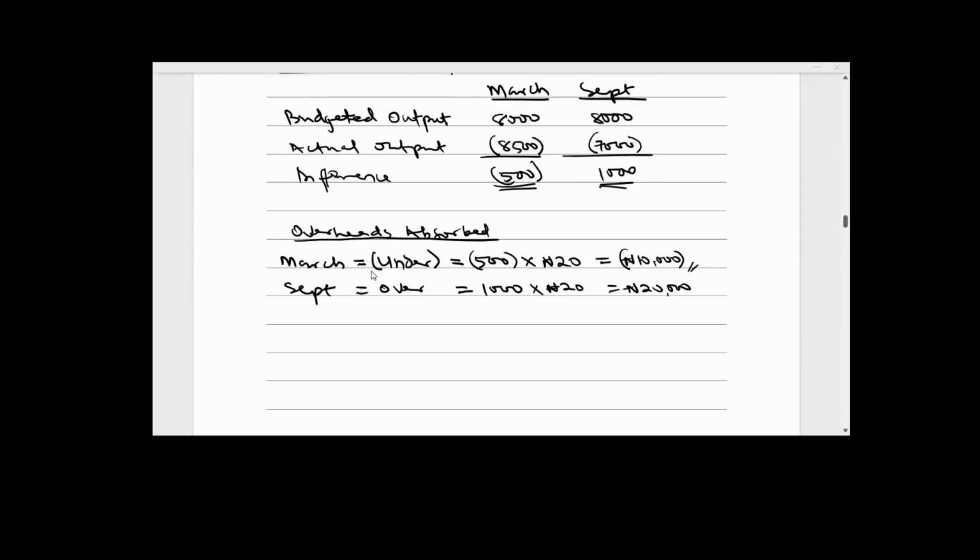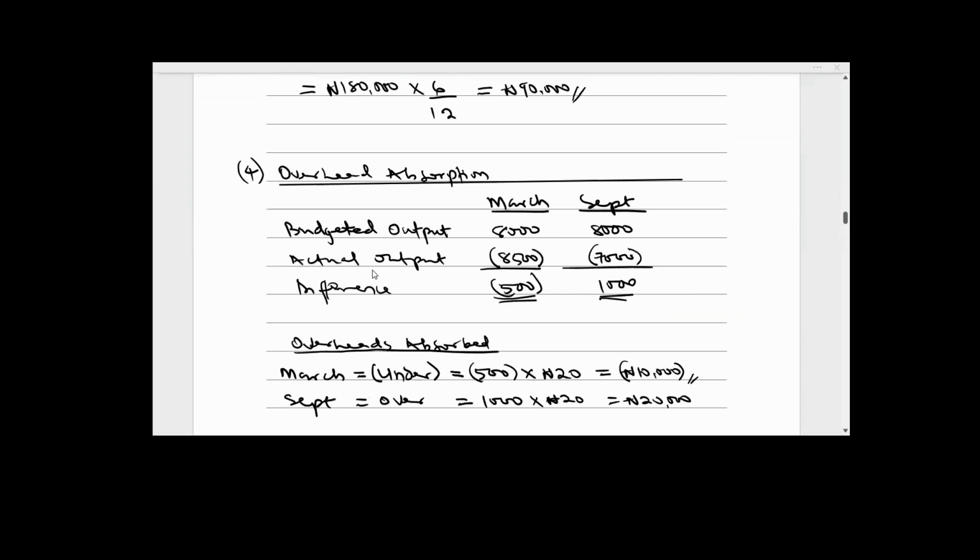Now, if your budgeted output is less than the actual output, you can't go above your budget. We don't want to go above our budget, isn't it? So your budget is 8,000. You end up spending more than your budget. The difference, you have to be at par with your budget. So that's why the difference is deducted from the cost of goods sold. Okay, yeah, I understand.